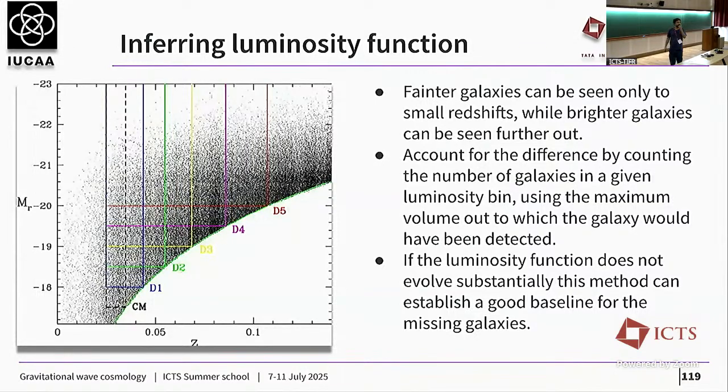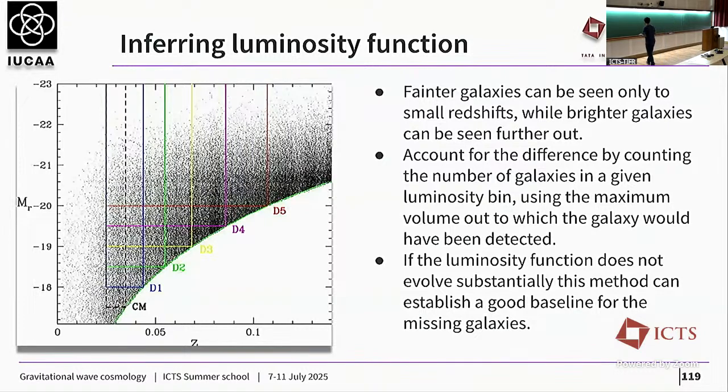Okay? And then you calculate the volume out to that redshift using the area of the sky that you have covered and the minimum and the maximum redshifts that you use. Okay? So once you have that volume, then for every galaxy, you say that there is 1 over V. That is the weight that you assign, right?